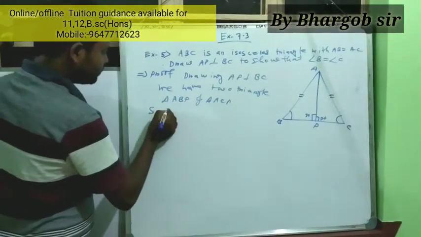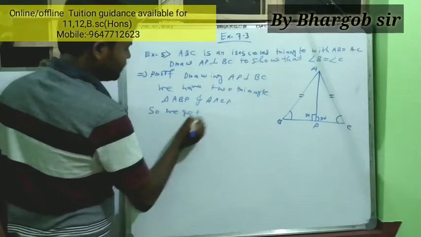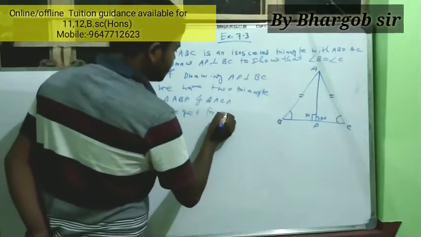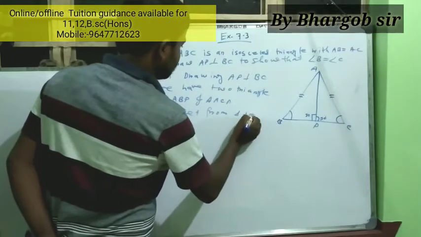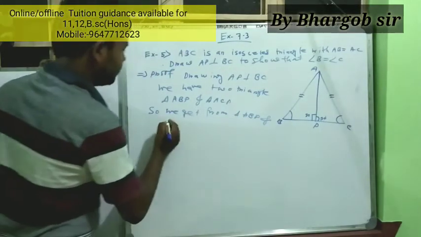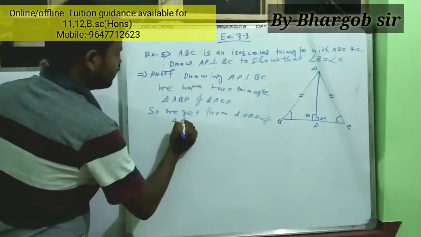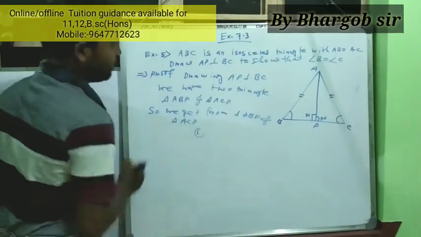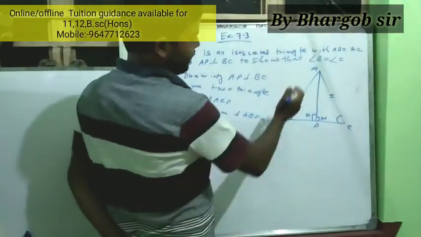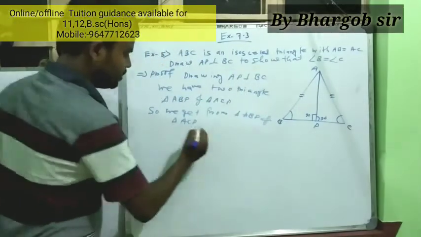So from triangle ABP and triangle ACP, number 1, notice that this side and this side are equal.